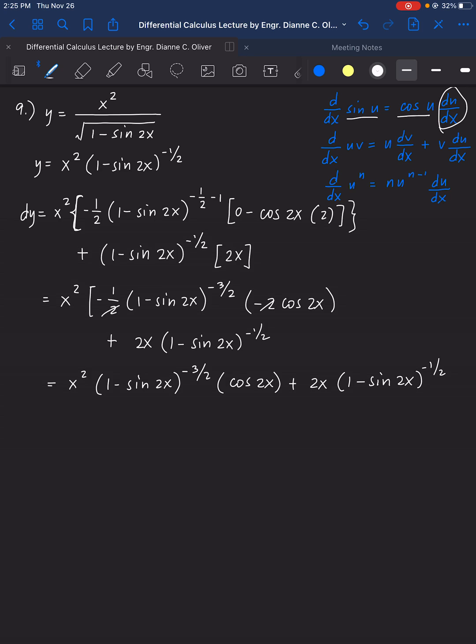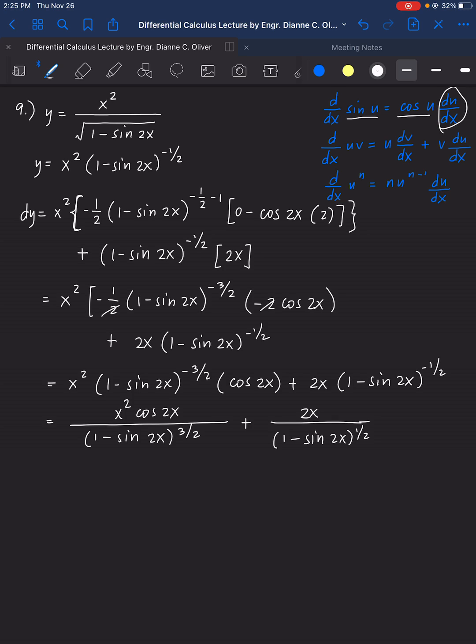Okay, and then let's put it in the denominator, the negative 1. So that is 1 minus sine 2x raised to 3 halves. Then what's left here is x squared cosine 2x plus 2x all over 1 minus sine 2x raised to 1 half.